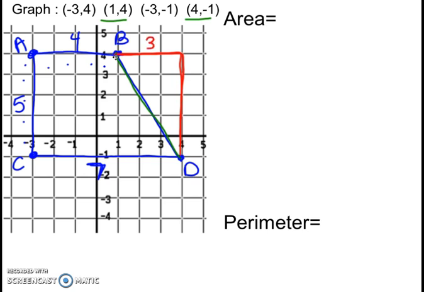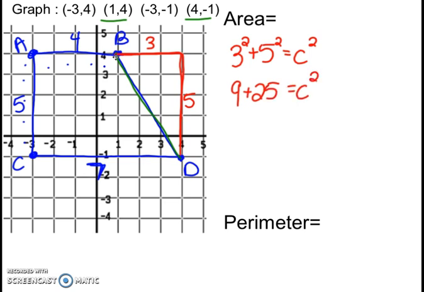The height is going to be 1, 2, 3, 4, 5. So I'm going to do 3 squared plus 5 squared equals the side that I don't know, squared. So 3 squared is 9, 5 squared is 25, and then 25 plus 9 is going to be 34.